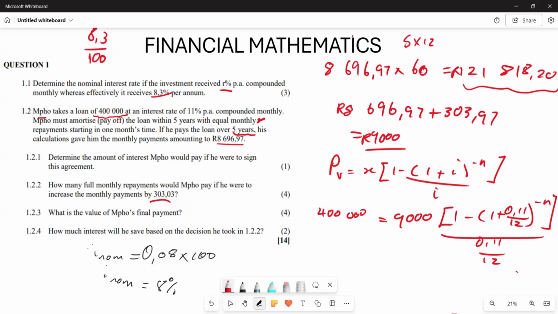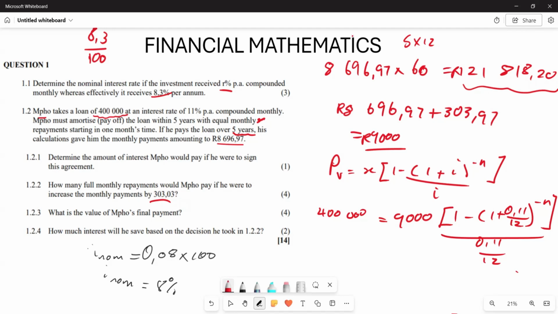Now from here, you're going to cross multiply. Firstly, 0.11 over 12 multiplied by 400,000. Let's see what you get.